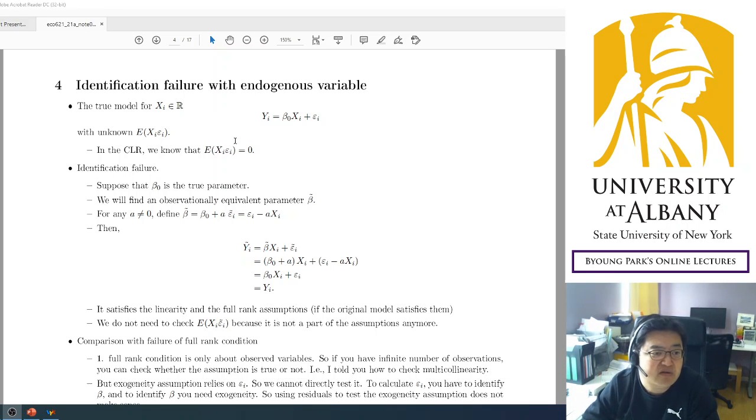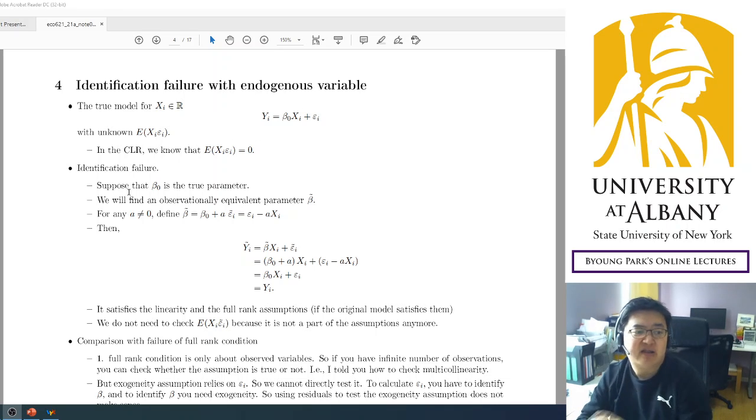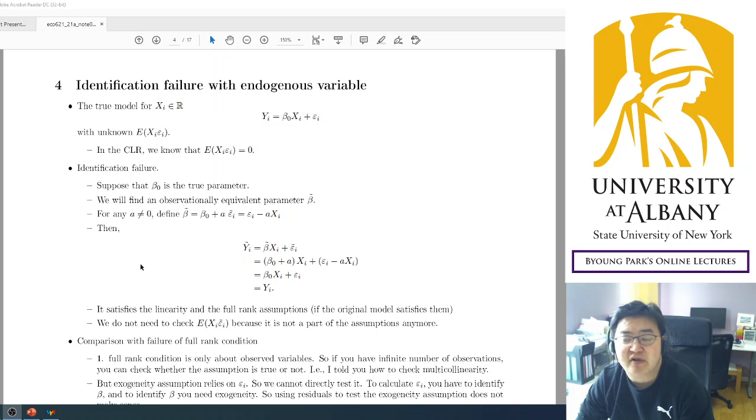Without this assumption, we fail to identify beta. We cannot identify beta. To prove that, I will show that there is an observationally equivalent parameter to the true parameter. This is a simple argument. Choose any non-zero number A, different from zero. Any number, it does not matter.